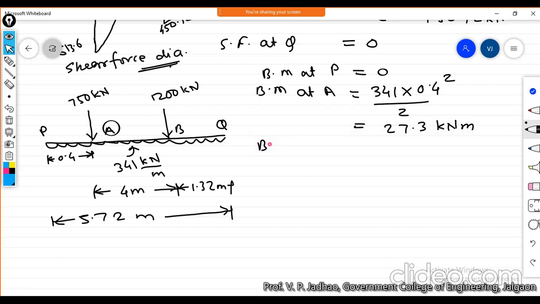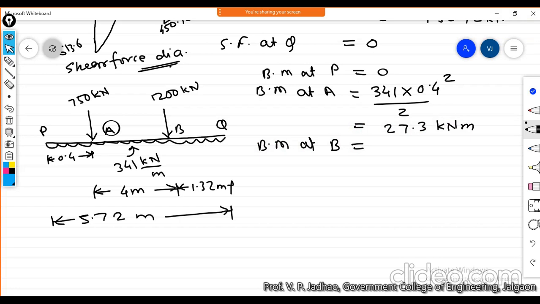Now bending moment at point B. Let us consider the right portion because it will be easy. The bending moment at B will again be WL square upon 2 because this particular portion BQ is a cantilever portion.